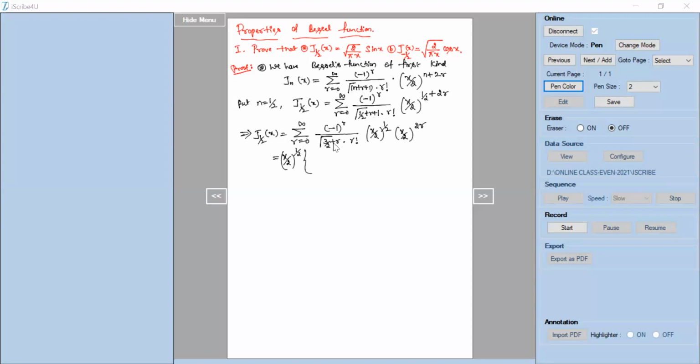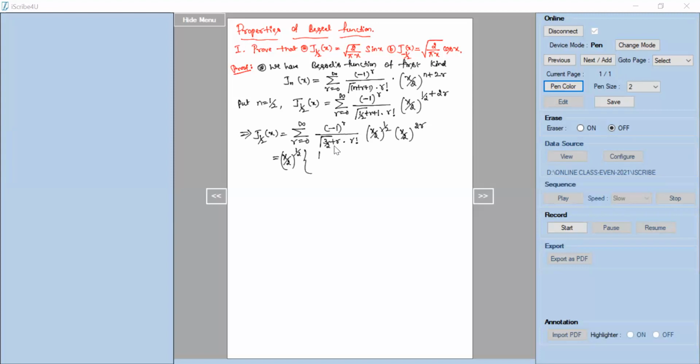And we will expand this summation series by giving values for r. So r ranges from 0 to infinity. Let us put r is equal to 0, the first term will come. Then r is equal to 1. Like this we expand. When r is 0, minus 1 power 0 is nothing but 1. In the denominator, gamma 3 by 2 plus 0 is gamma 3 by 2 only.